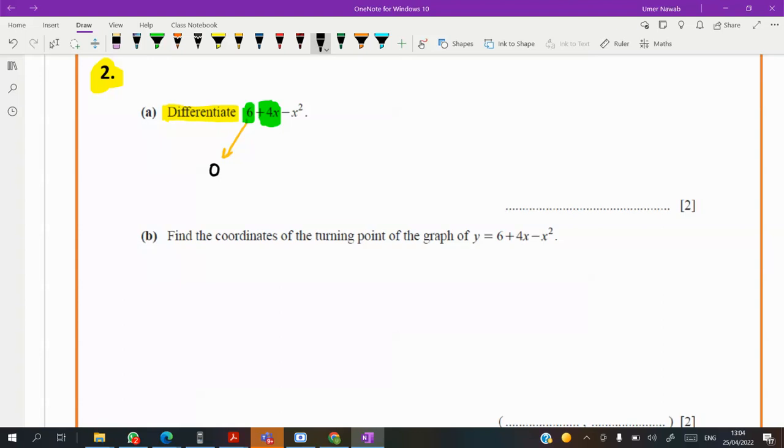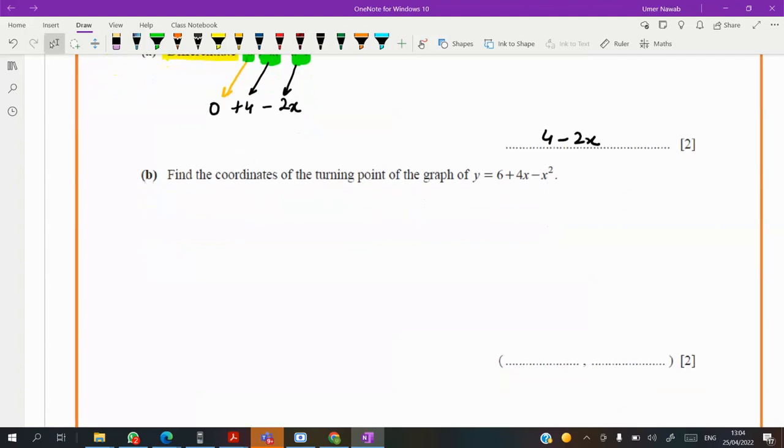So the differentiation of 4x is plus 4, and the differentiation of x square will be 2x. So we found the gradient or the derived function of this, which is 4 minus 2x. Now he is using the concept of turning point.